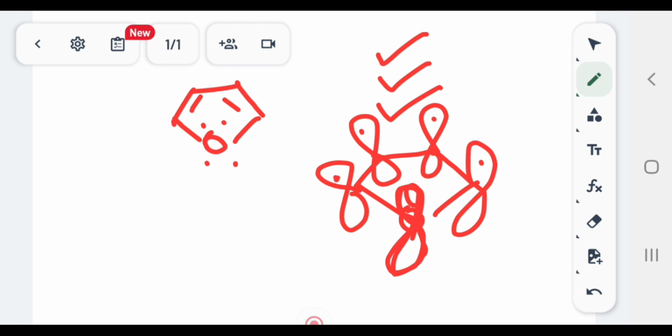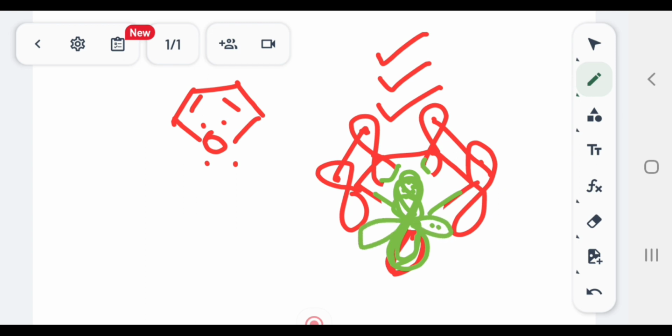One electron from this carbon, another electron from this carbon, creates a pi bond. Similarly it creates another pi bond, and here oxygen has a lone pair of electrons, right? So it will be like this. Oxygen is having one lone pair of electrons here. This dumbbell shape is the px orbital, okay? Here it possesses one lone pair of electrons. The next lone pair will be present here, py, okay? Px is here, py is here.